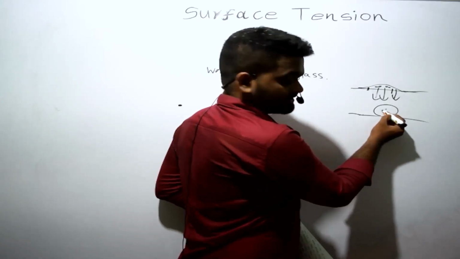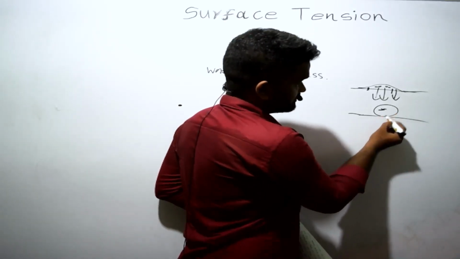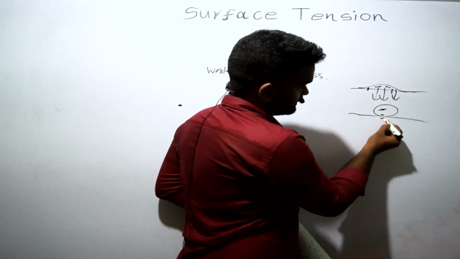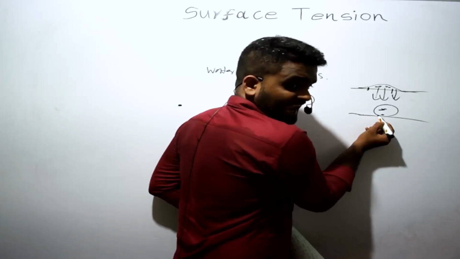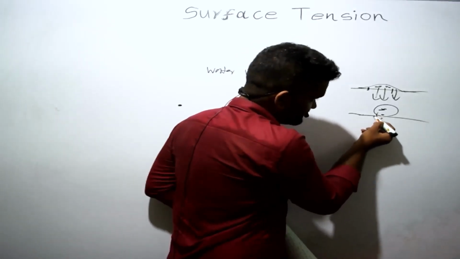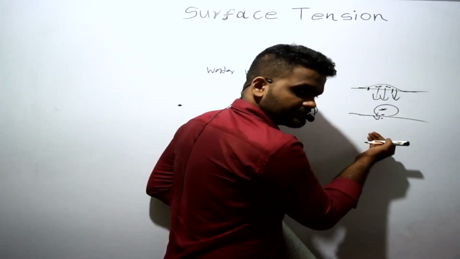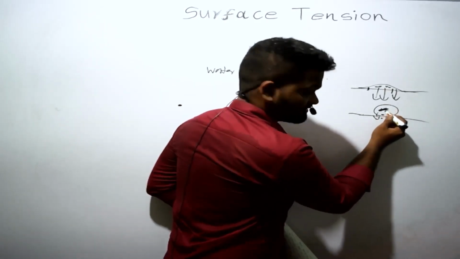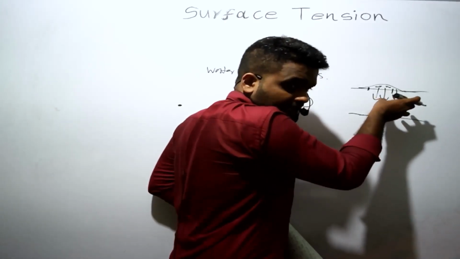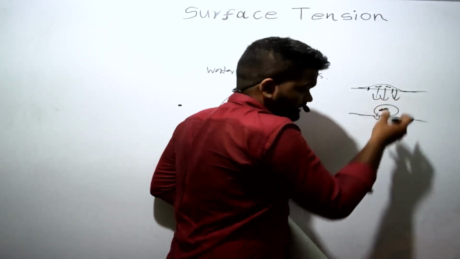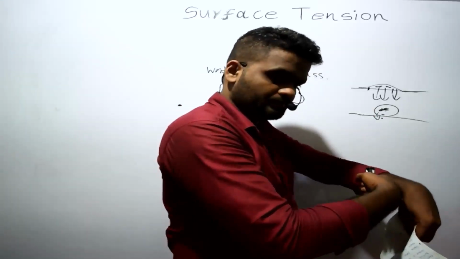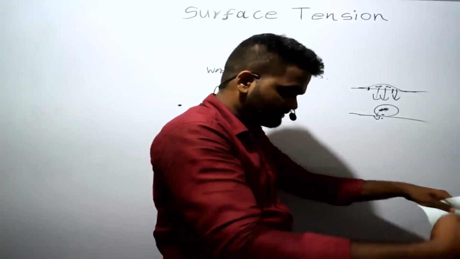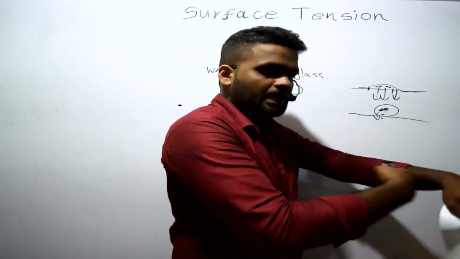Mercury particles have a higher attraction among themselves compared to the mercury and glass attraction, right? So glass particles can't pull these mercury particles into the glass, into meaning towards the glass. This attraction force is higher among mercury particles, so they make a shape like this, a kind of spherical shape.